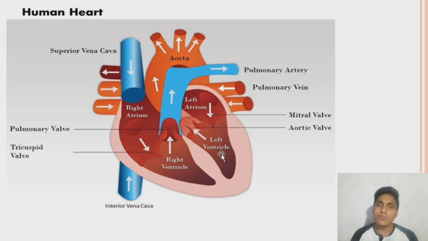A very interesting point to note is that our human heart is known as a double circulatory system. The reason is that the blood travels two times through the heart.